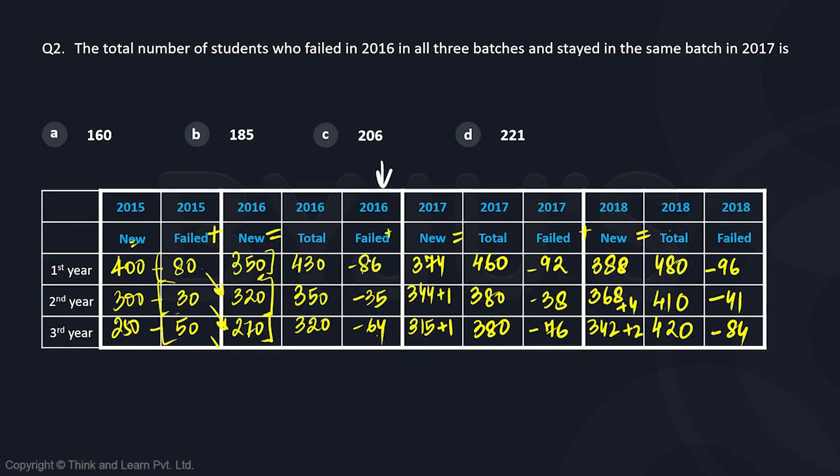And this is going to be 86 plus 64 plus 1 plus 35, which is going to be 64 plus 36 is 100, 185. So option B. And these 185 students, they continued to remain in the 2017 batches, right?